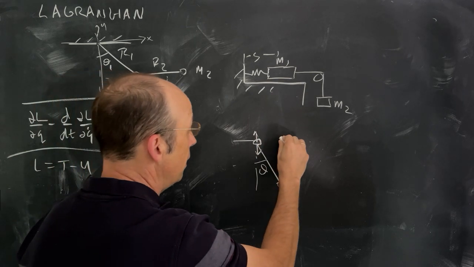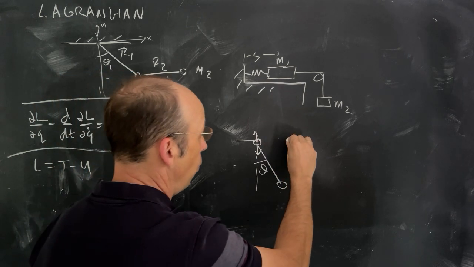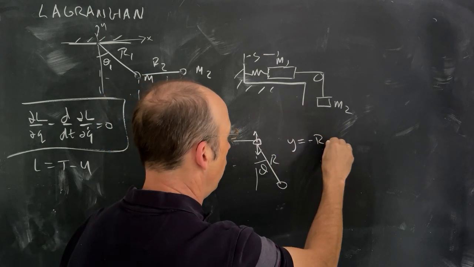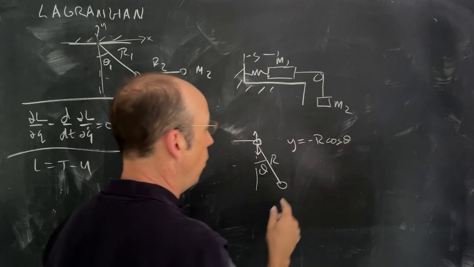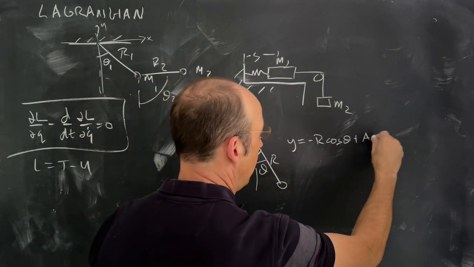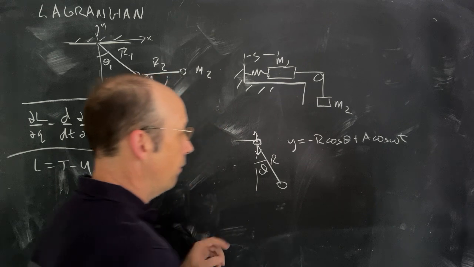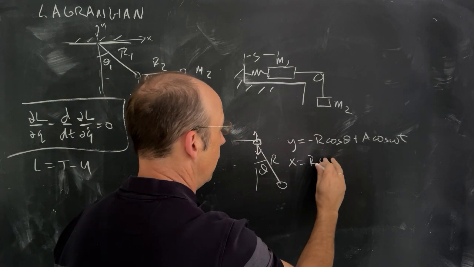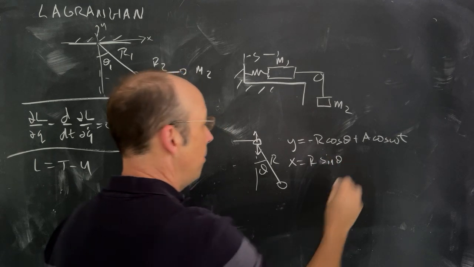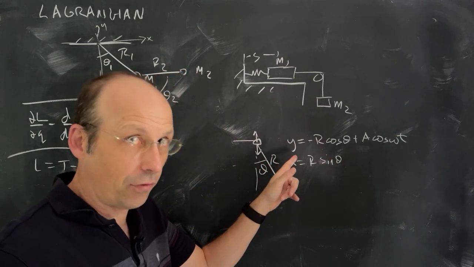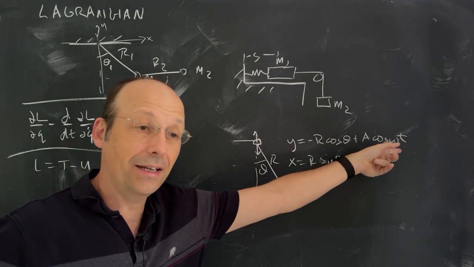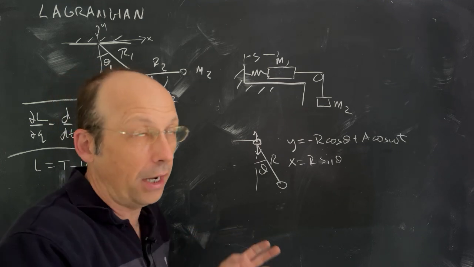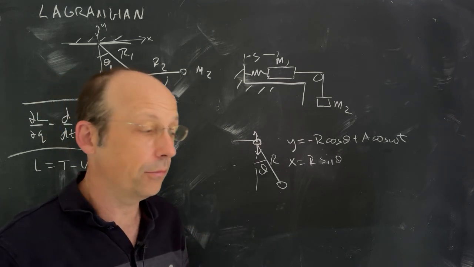So here I could say the y of this value, y is going to be equal to negative r cosine theta, just like before, but plus some a cosine omega t term, right? Because that thing oscillates up and down. And then x is just going to be r sine theta. But now I can do the same thing. I can take my derivatives and find my kinetic and potential energies, but I get this extra term in there. And then we're going to get a differential equation. That differential equation, then we have to solve it some way. We can model that in Python, but we'll definitely do that problem too.